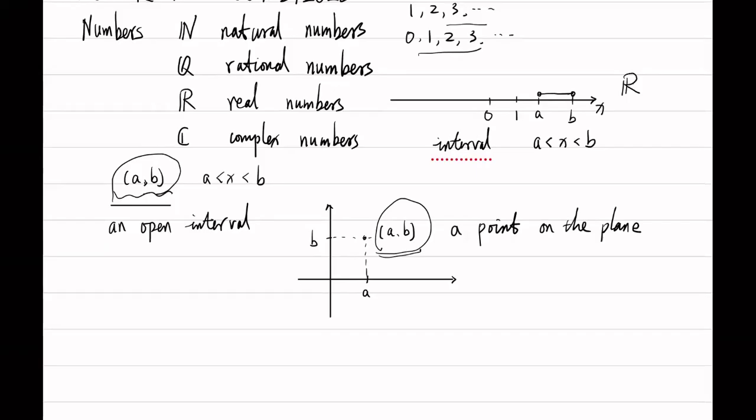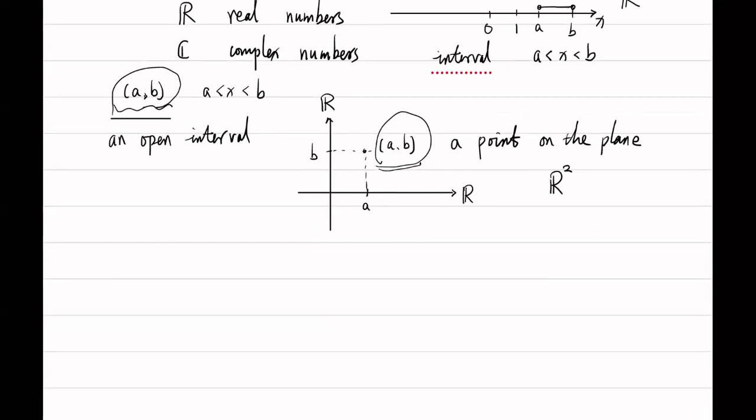So this one has one coordinate, another coordinate. Sometimes we use R squared for the plane. So whether this is a point or an interval depends on the context, on what we are talking about.